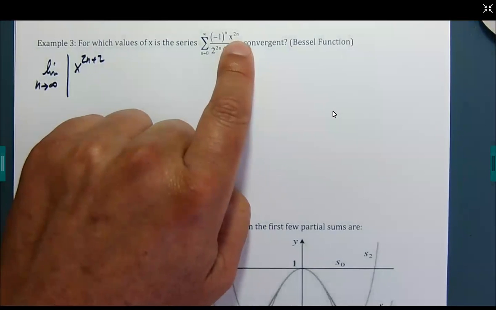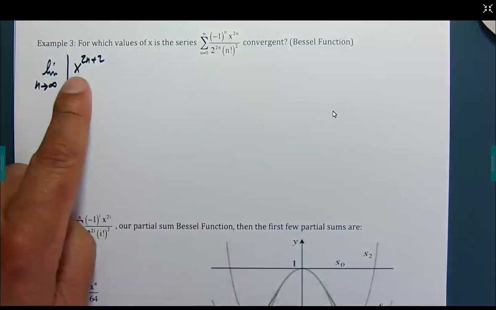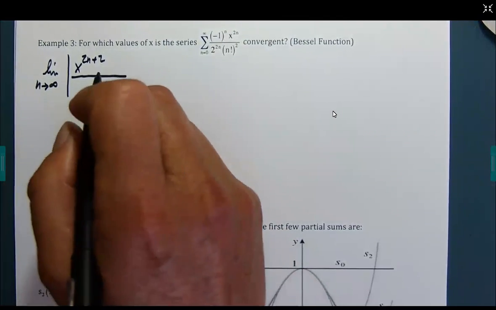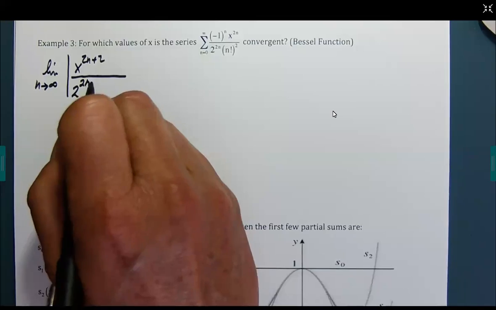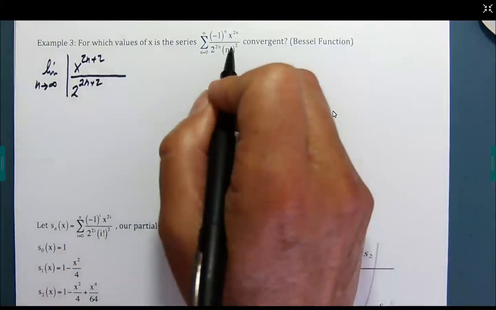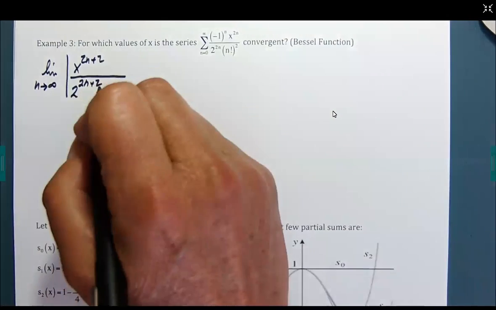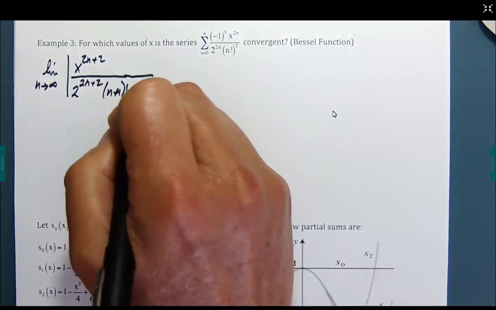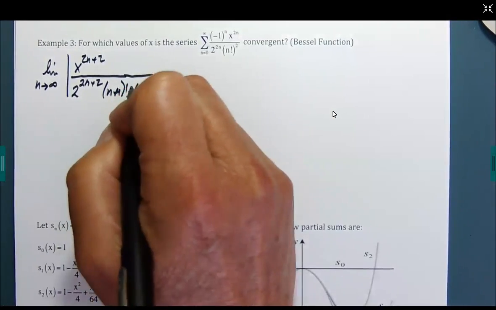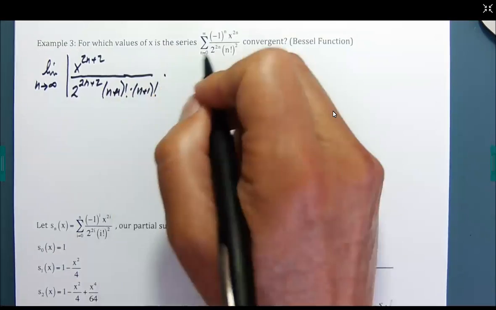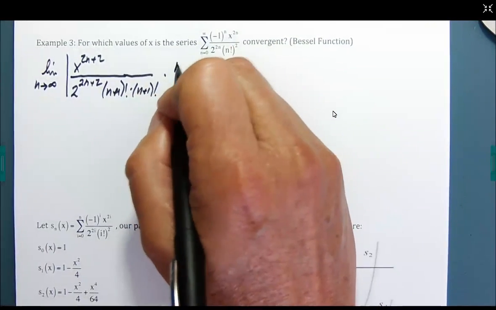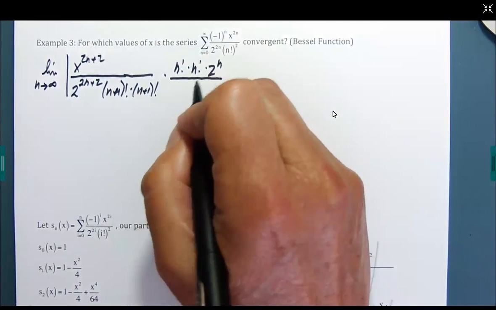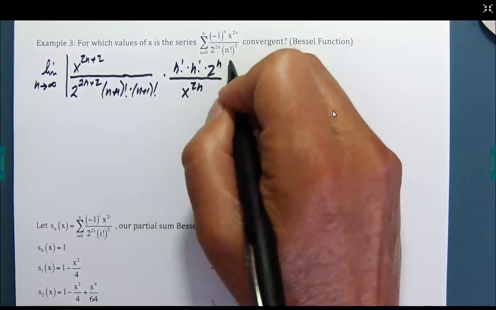So when n turns into n plus 1, I have to distribute the 2. That's where I get the plus 2 from there. Same here. And I'm going to make that n factorial times n factorial. So this is going to be n plus 1 factorial times n plus 1 factorial times the reciprocal of that, n factorial times n factorial times 2 to the n over x to the 2n.